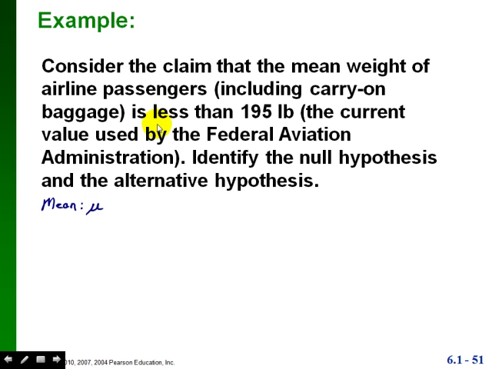Usually the easiest way to start out with this is just write down what you get from the claim. So our claim in symbols would say that our mean is less than 195 pounds. Now, if this symbolically doesn't have an equal sign, then we're going to use that for our alternative hypothesis.